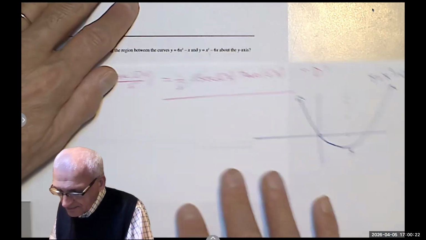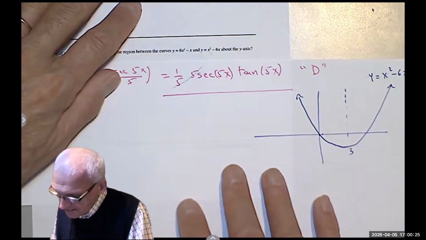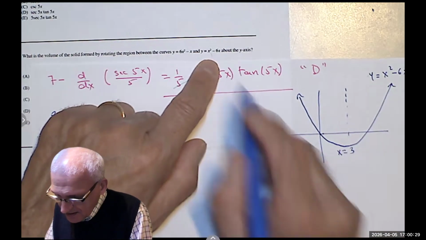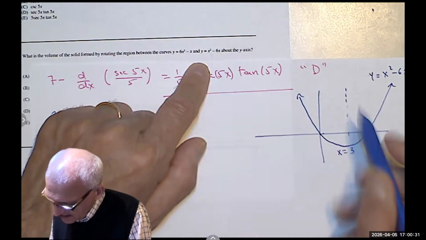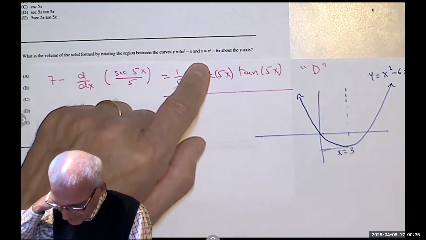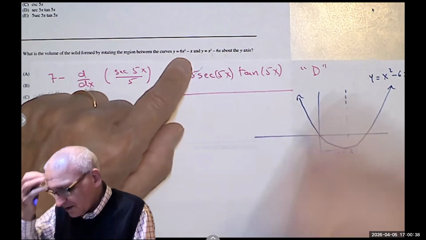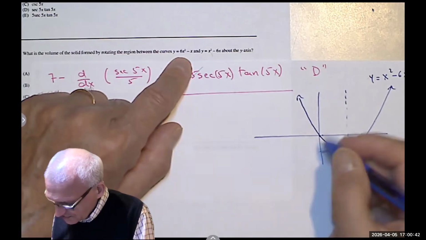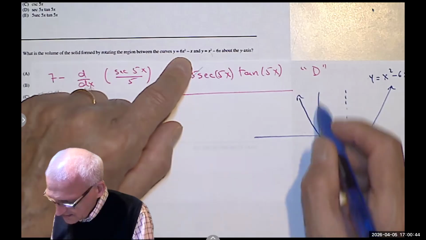Because when you substitute x equals 3, you get 9 minus 18, so this is negative 9. That's not important for now. And then the other one is very close to 0, the axis of symmetry, right?